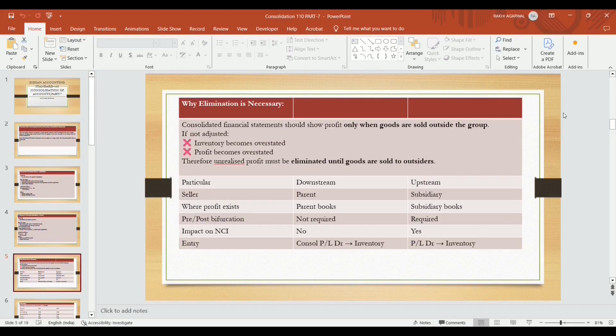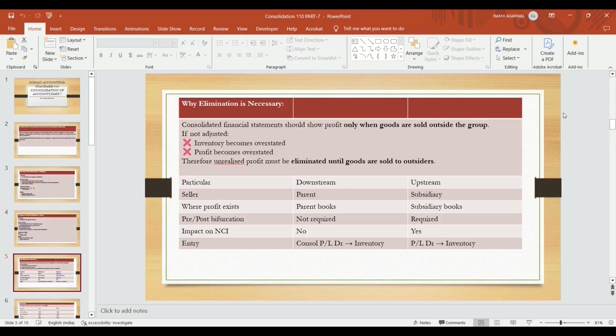Therefore, when the parent sells goods to the subsidiary, it is a downstream transaction, and if the subsidiary sells goods to the parent, then it is an upstream transaction. Where does the profit exist? In case of a downward transaction, in the parent's books, and in case of an upward transaction, profit exists in the subsidiary's books. Pre-acquisition and post-acquisition bifurcation is not required in case of a downward transaction, but in case of an upward transaction it is required, because profit exists in the subsidiary's books.